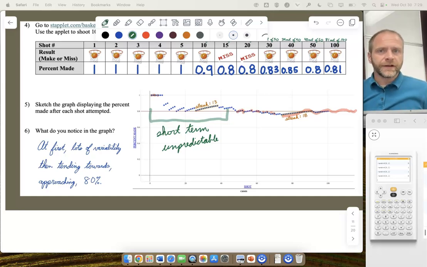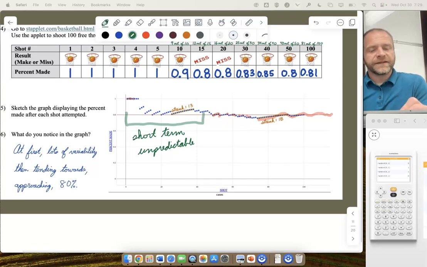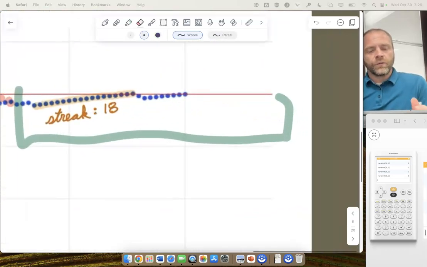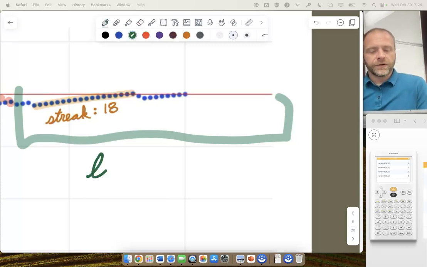Think about flipping a coin. You can do it 5 times and end up with 4 tails. It should be 50-50 though. But as we repeat the process many times, in the long run, if we keep doing it, look what happens at the end of this graph. We can see at the end, what's happening is it's starting to become, in the long run, predictable.